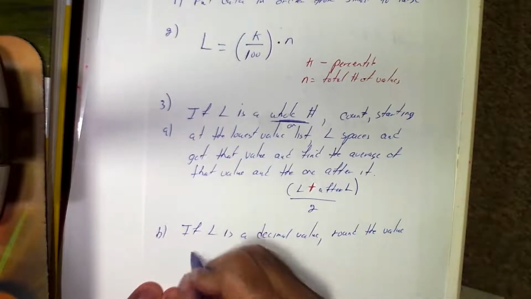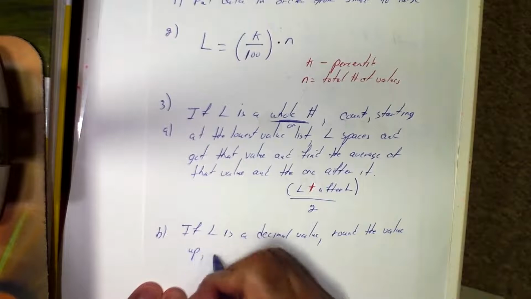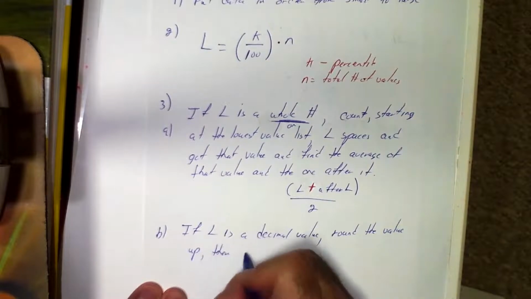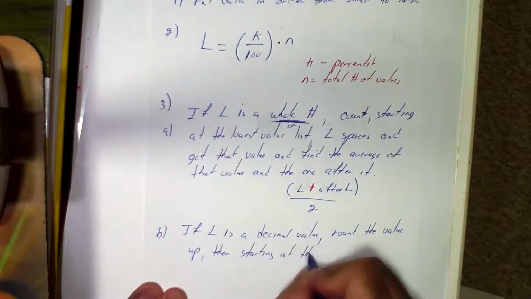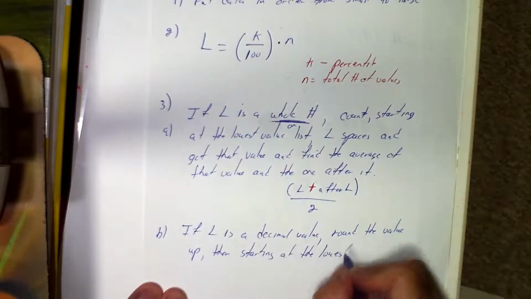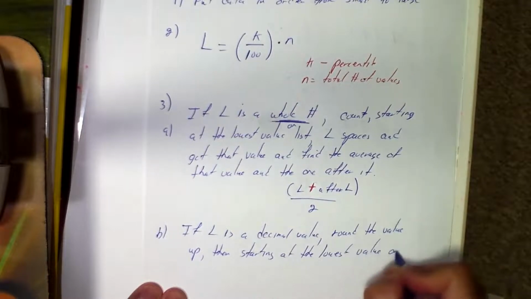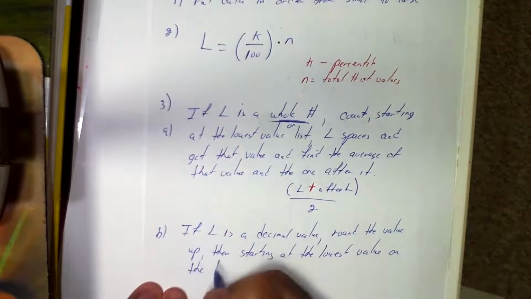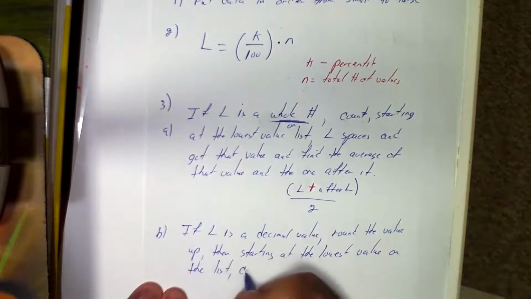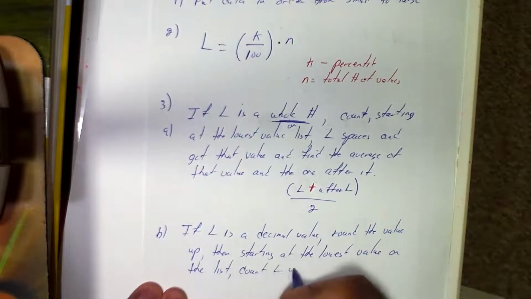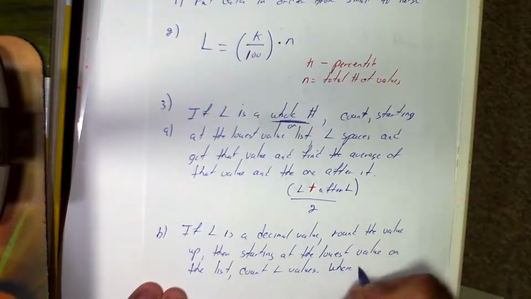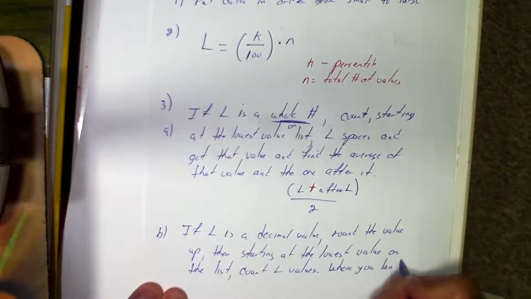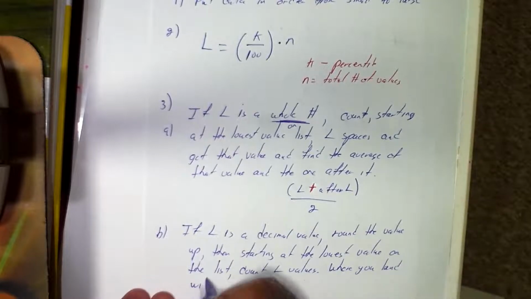Round the value up. Then, starting at the lowest value on the list, count L values. Where you land will be the answer.